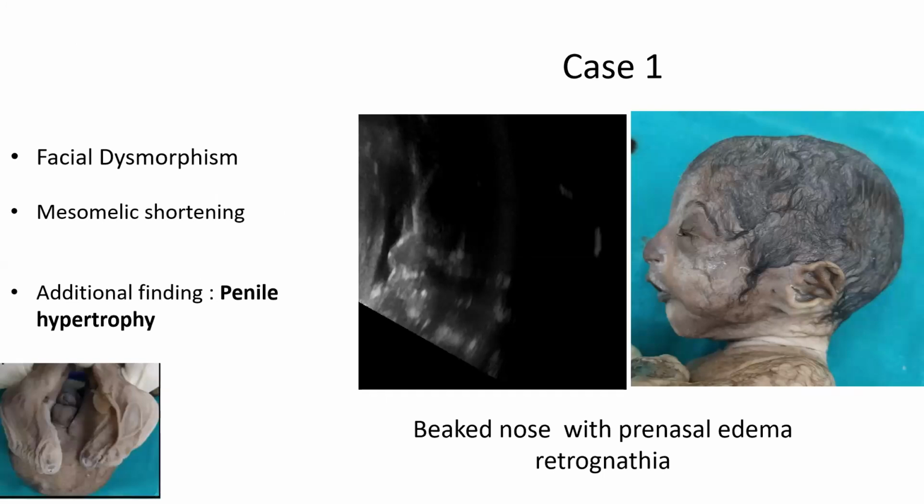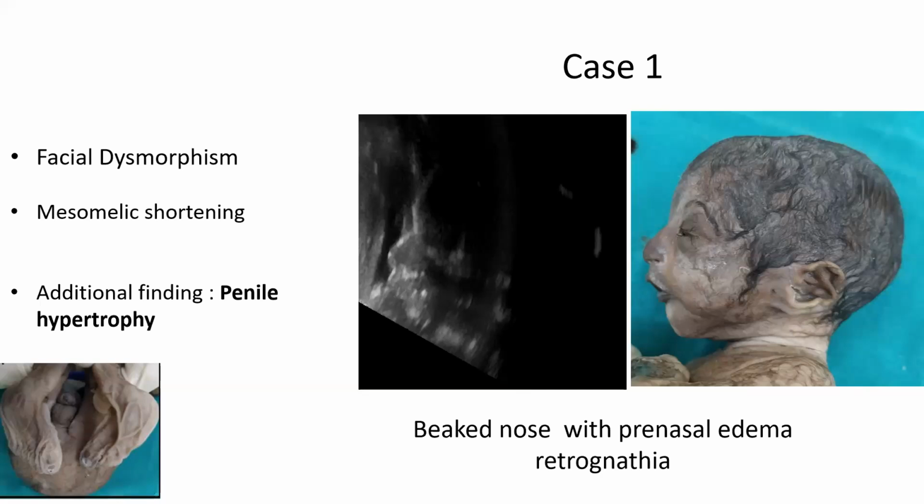Then the couple decided to terminate the pregnancy, and they brought the baby for fetal autopsy. And here also we can see the facial findings. Here the baby has a dolichocephalic head, short forehead, arched eyebrows, overhanging columella, tented upper lip, microretrognathia, and abnormal folded large pinna. So these facial findings were there, like what we noticed in scan.